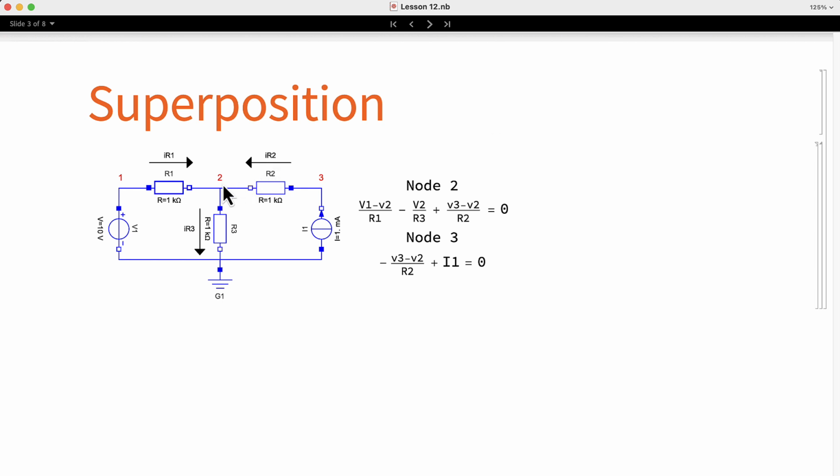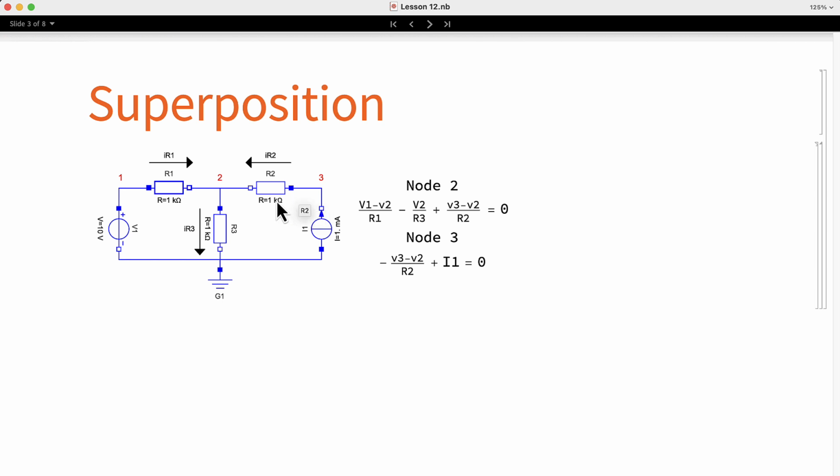For node 2, we have the current of resistor 1 entering the node, which is the voltage V1 minus the voltage of the node V2, divided by the resistor value, and it is this term.